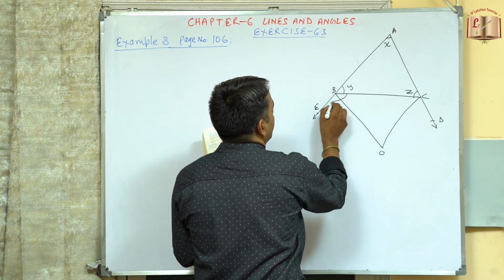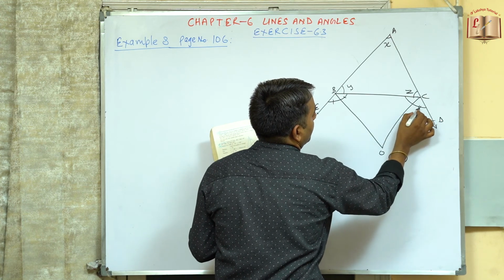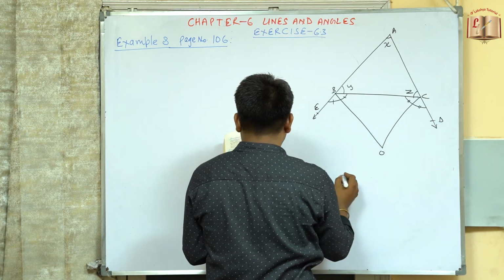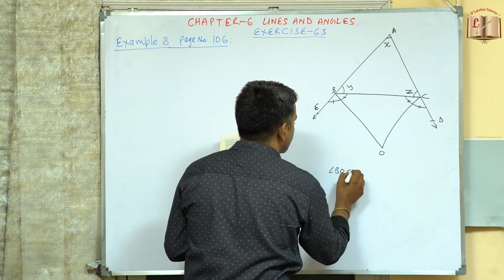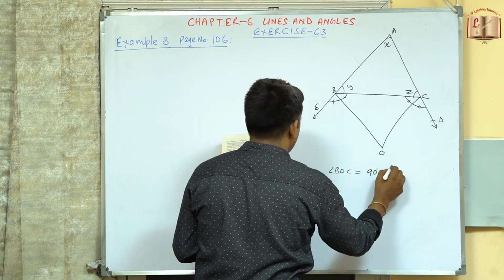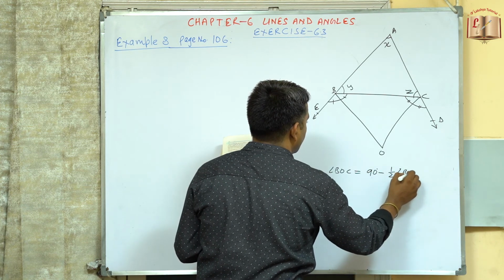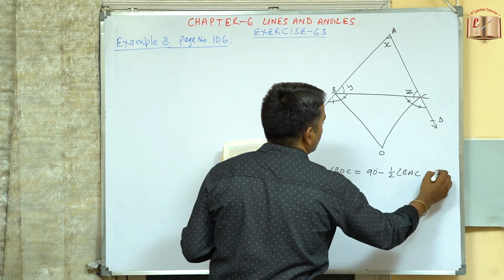These are angle bisectors, so this angle equals this angle, and this is also an angle bisector, and these two angles are equal. Now we need to prove that angle BOC is equal to 90 minus half of angle BAC.